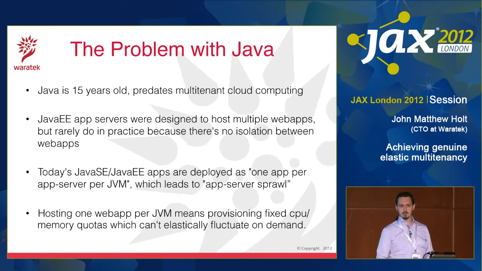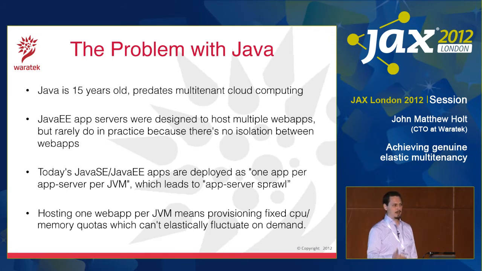There are a few problems with Java, and we know these are becoming increasingly talked about. Java is 15 years old, predates cloud computing, and predates even server consolidation and the hypervisor initiatives of the late 1990s and early 2000s. Java EE application servers have an interesting paradox. While on the one hand they're designed to run multiple applications, multiple web apps or multiple EAR apps, in practice they almost never do.